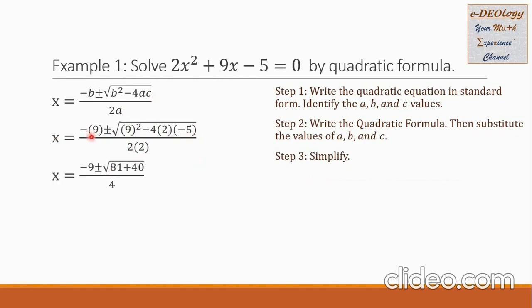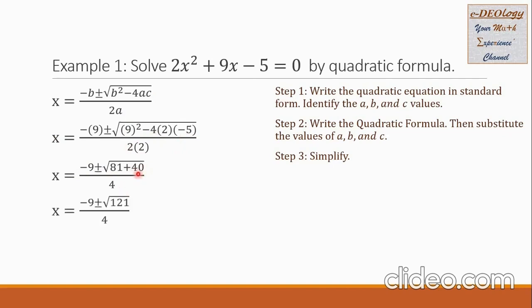So the negative of the positive 9 is now negative 9, plus or minus 9 squared is 81. The product of negative 4, 2, and negative 5 is positive 40 all over 2 times 2 is 4.